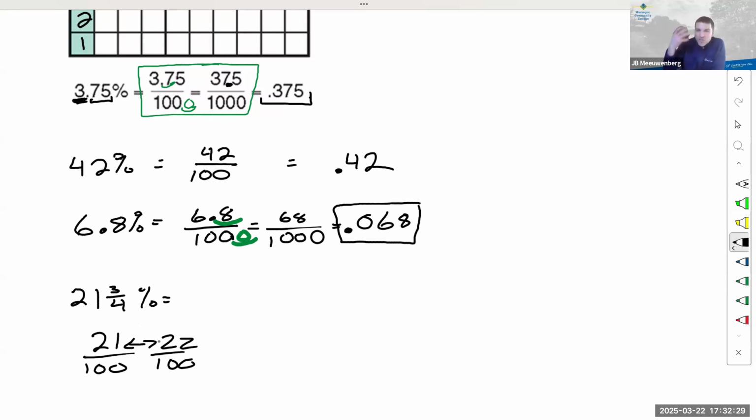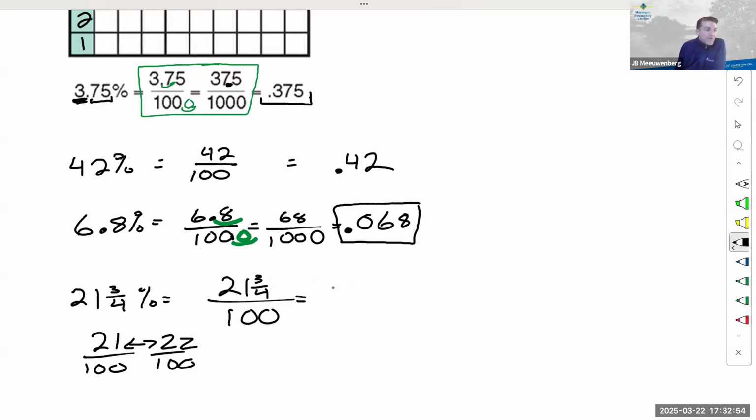Okay, so that's like a starting point of what we have to think about. One thing you could do, and some of you might have done, is thought about your 3/4 in its decimal form, which is okay. Maybe some of you just, again, literally took 21 3/4 and wrote it over 100 because that's what percent means. That's okay, but again, we've got a fraction and a fraction, and normally that's not a standard way we would write that.